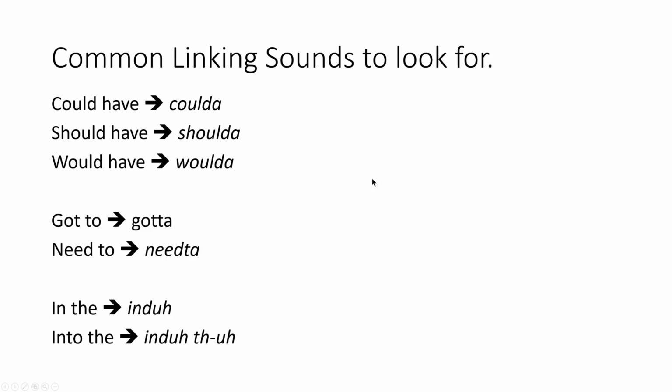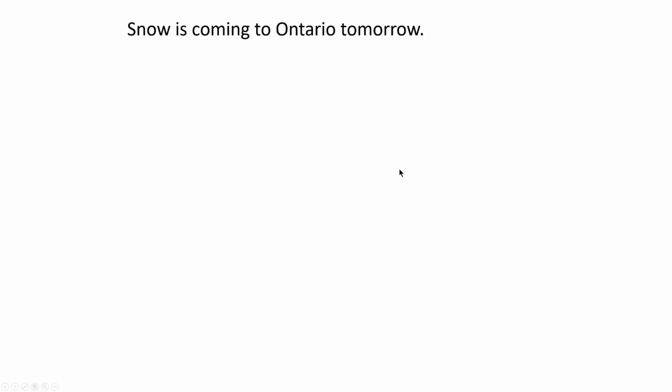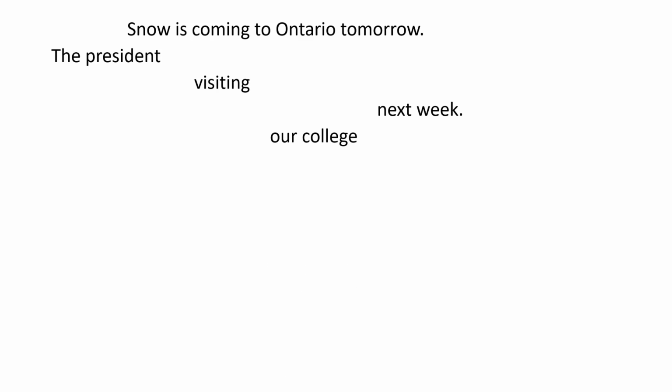So I'm going to just read a couple more sentences so you can hear them. And these are just some activities that they'll often do where you swap out the words. So here we go. Snow is coming to Ontario tomorrow. The president is coming to Ontario tomorrow. The president is visiting Ontario tomorrow. The president is visiting Ontario next week. The president is visiting our college next week.